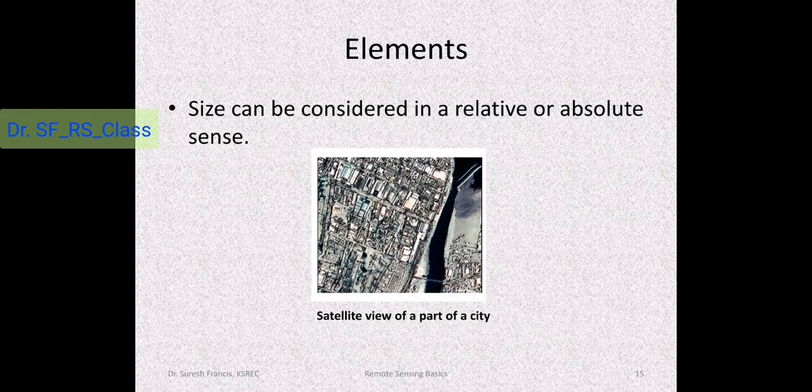You will be able to identify the growth pattern and the agglomeration of large buildings, small buildings. You will be able to identify the wealthy people, the poor people. Even such kind of classification can be made with the help of the size and pattern.